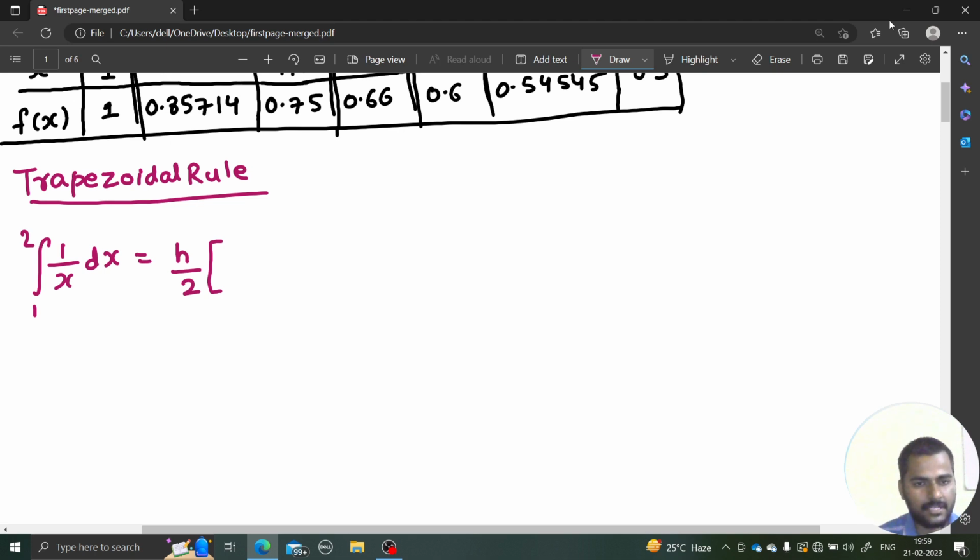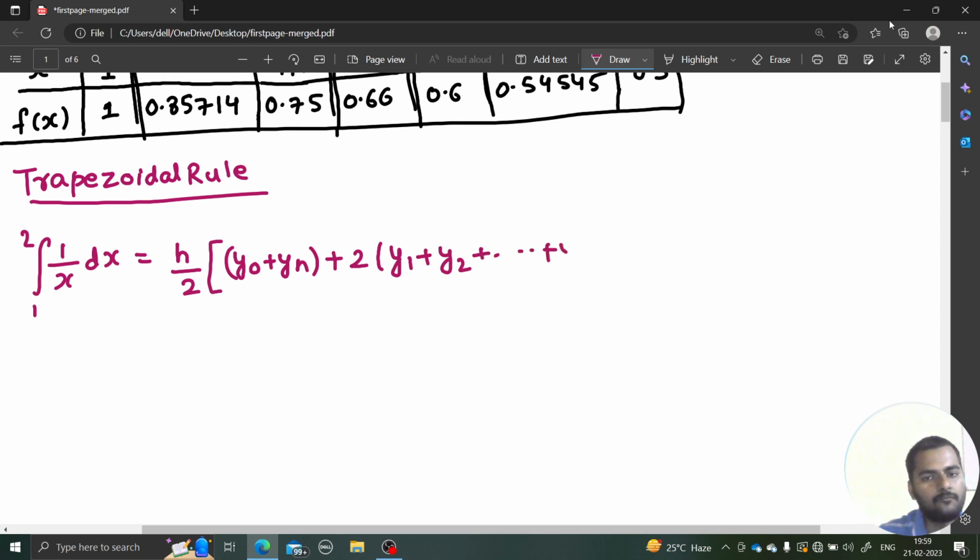So the general formula is y0 plus yn, plus 2 times the remaining values, y1 plus y2 and so on till y(n minus 1). In some textbooks, you will see h outside and 2 being multiplied inside, so that will look slightly different.